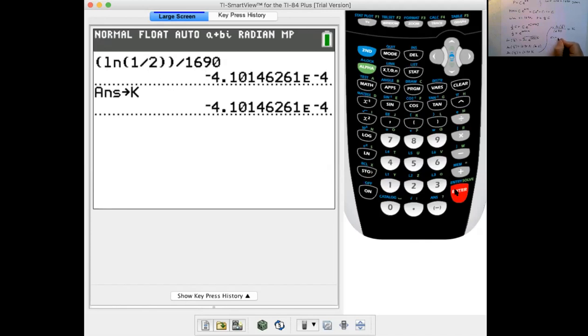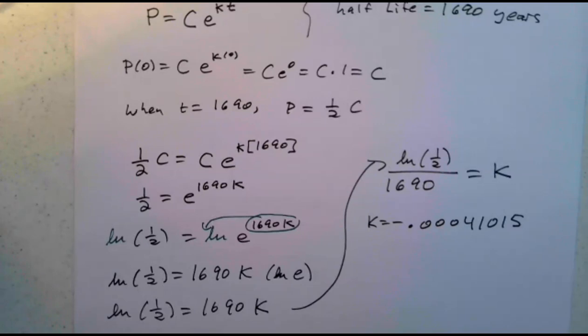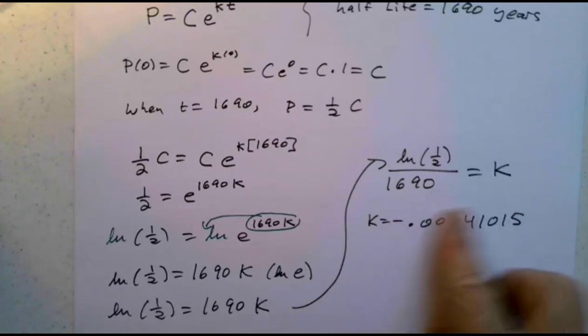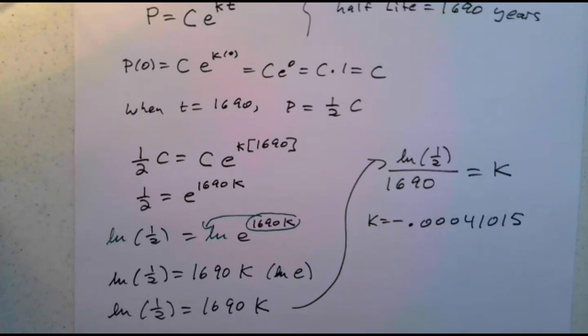K is approximately negative 0.00041015. You don't want to round too early or you're going to have some difficulty, but I've actually got all of my decimals saved in for K there.